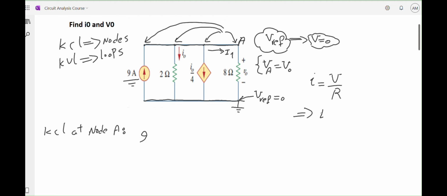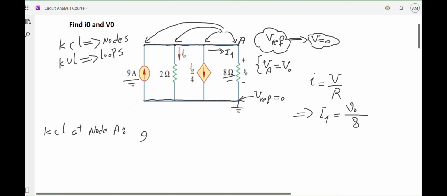I1 equals the voltage of this resistor, which is VO, over the resistor, which is 8 ohms. So VO over 8 is I1.